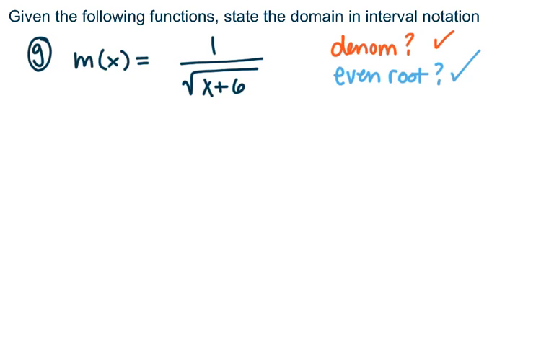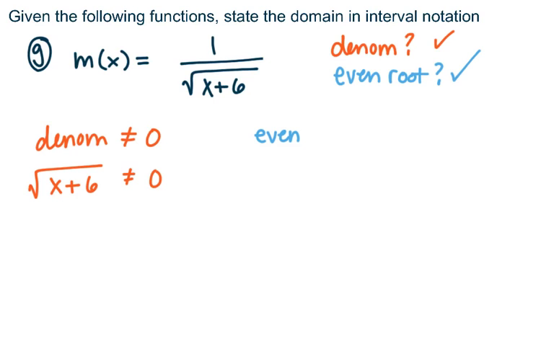All right, so what does that mean? So we know that the denominator is not allowed to equal 0. So that means the entire expression in the denominator, the square root of x plus 6, cannot equal 0. And for the even root, my radicand under my even root has to be greater than or equal to 0.